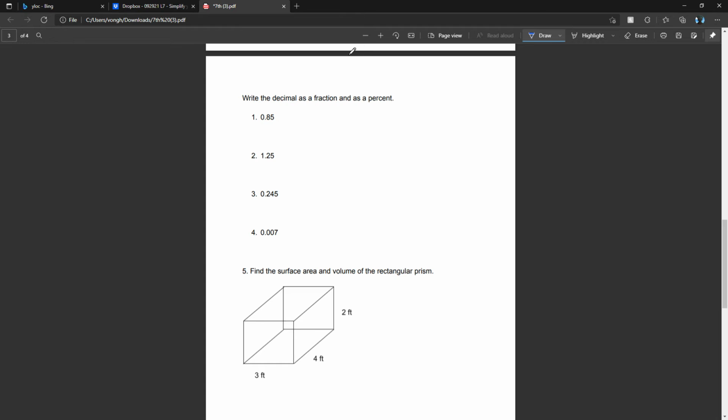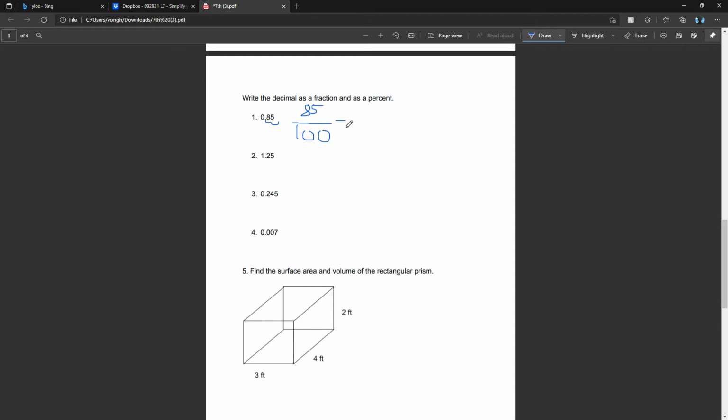Okay, for this part, like 1 through 4, write the decimal as a fraction. So basically, if there's this decimal right here, and then there's 2 places right here, it's going to be over 100, because this is the hundredths place. So then you would just write 100, and then you just write 85 on top as a numerator.